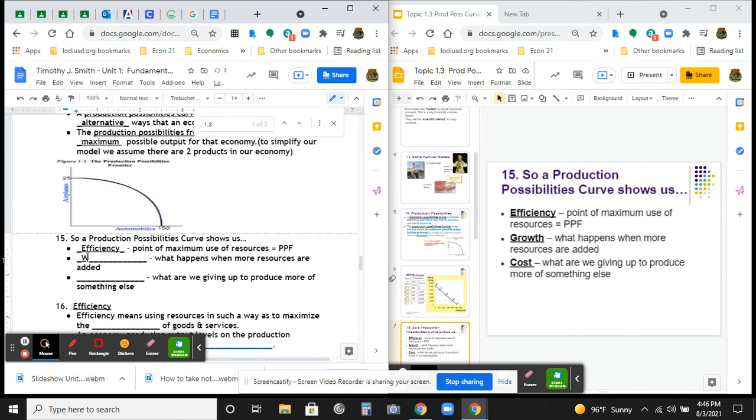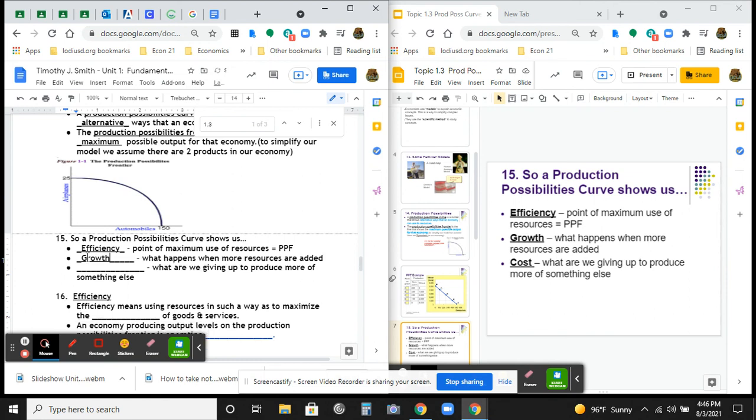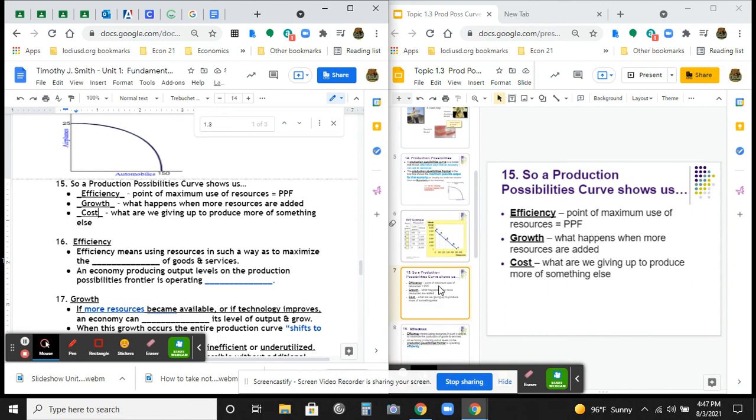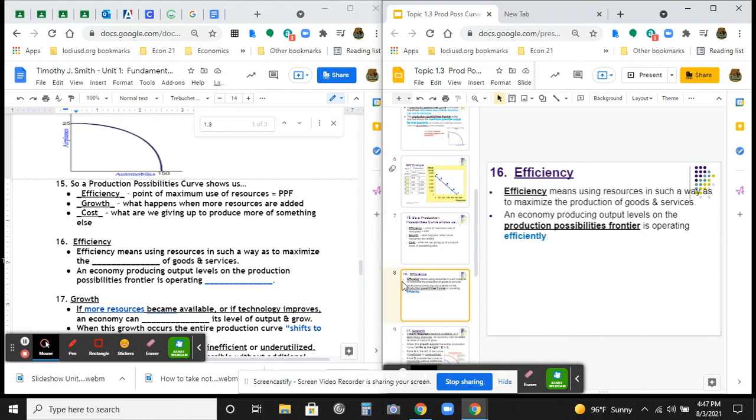The frontier is going to push to the right, but somehow, some way in the system, you're going to have to get an influx of resources to make that happen. When you're talking costs, what are we giving up to produce more of something else? What's the trade-off? Again, opportunity cost kind of analysis.